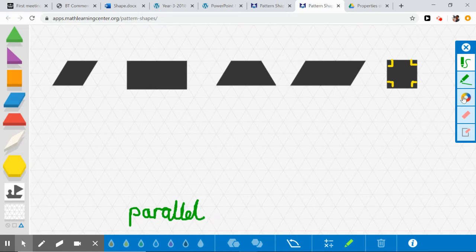Now, parallel means 2 lines that are always the same distance apart. And the mathematical symbol to show something that is parallel is this. Now, a square has 2 pairs of parallel sides. This side is parallel with this side.